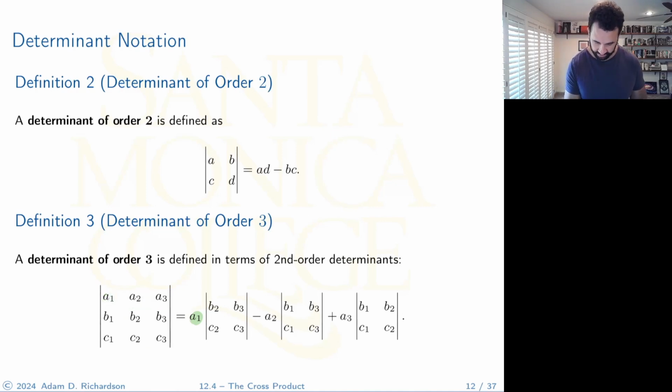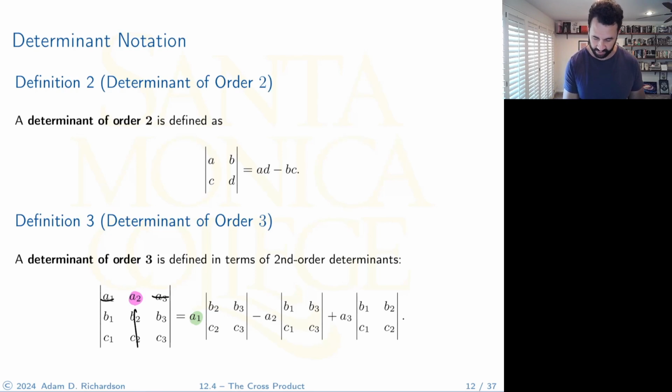So let me use a different color here. Let's pick pink. Now I'm going to fix A2, and then I'm just going to ignore the row and the column associated with A2.